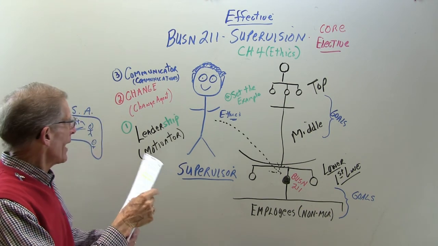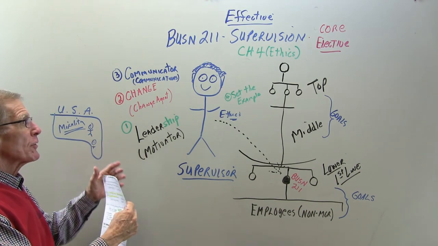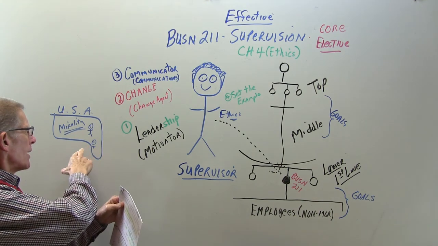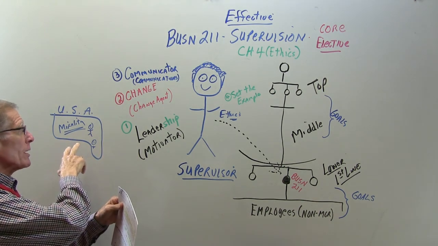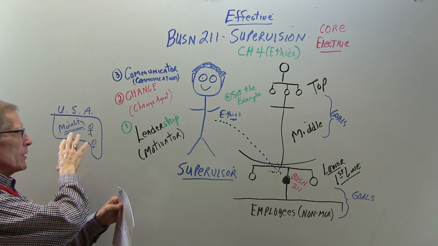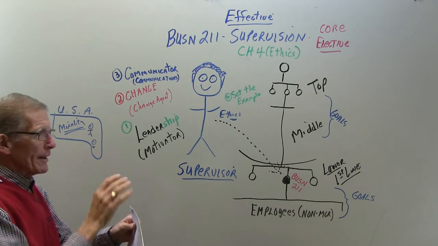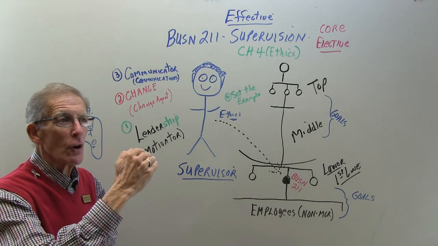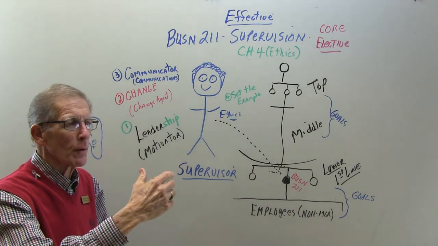Because our society talks about what is right and wrong. And if our society says this is illegal, this is unlawful, by definition, if it is illegal, it is unlawful, it is wrong, it is unethical.